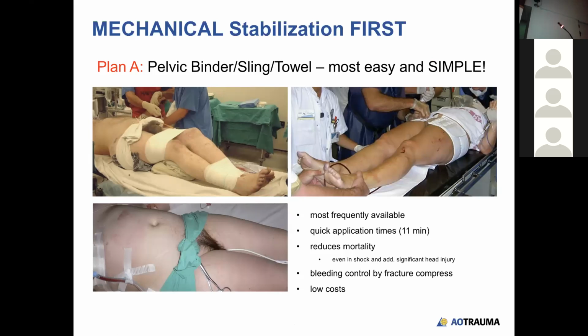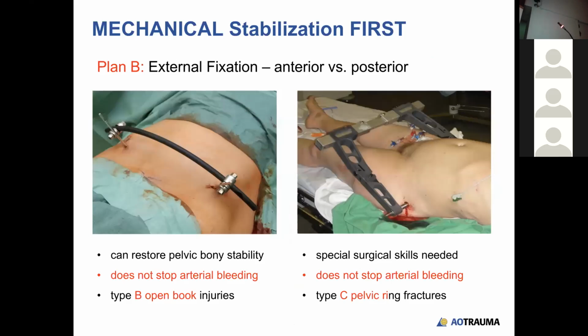Normally, you perform this procedure within 11 minutes after admission of the patient, and we know clearly from the literature that it reduces mortality even in severe shock, and we have some kind of bleeding control from fracture compression. And of course, it doesn't cost so much. The historical standard stabilization measures are the external fixation, either anterior or posterior.